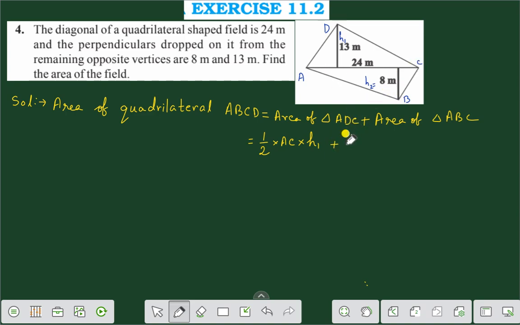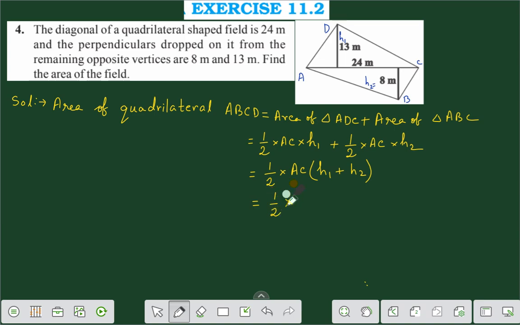It is half of base AC and height is taken as H2. Therefore, we are getting 1 by 2 into AC into H1 plus H2.